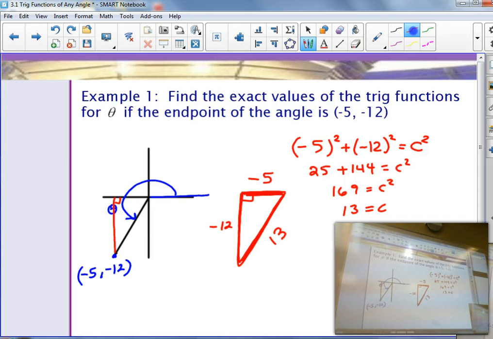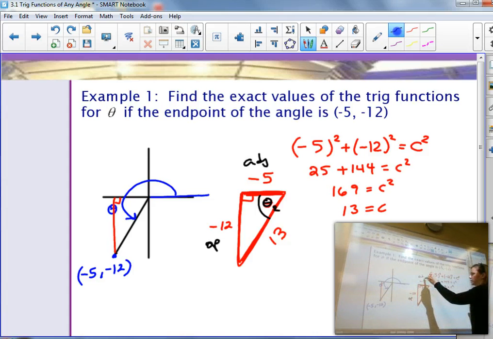Okay? So now that we have this, the angle that I'm interested in is my reference angle. Theta 2 is right there. If this is theta 2, this side is the opposite, this side is the adjacent, and this side is the hypotenuse. So what would the sine be? Opposite over hypotenuse.